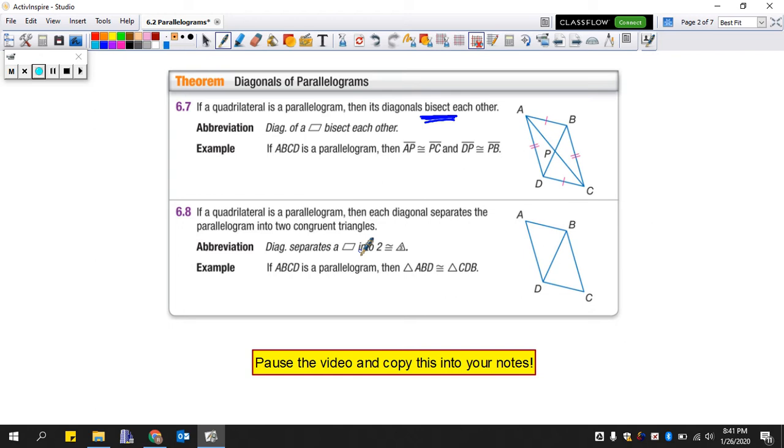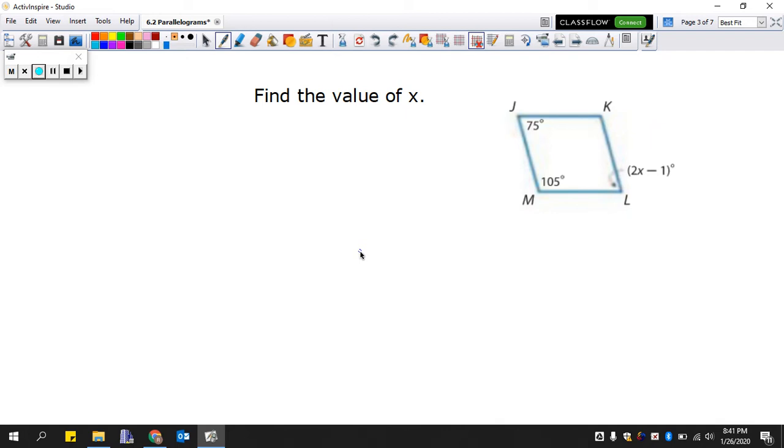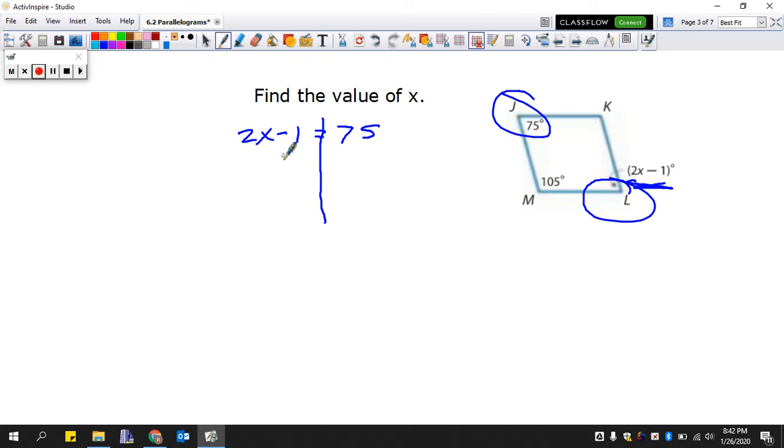Our first example says find the value of x. Well, x is right here. We know that L and J are opposite each other, so we know that they are congruent. So we can simply say 2x minus 1 is equal to 75. Solve by adding 1 to both sides.